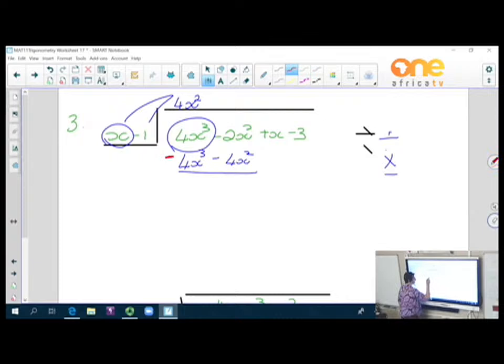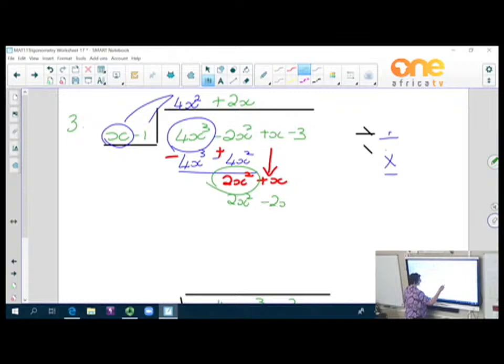Subtract, so we change the second signs and add. Negative 2 plus 4 is 2x squared. You bring down the next one, positive x. How many times now will x divide into this one? Plus 2x times. Multiply, then I have 2x squared minus 2x. Subtract, so we change the second signs and add.